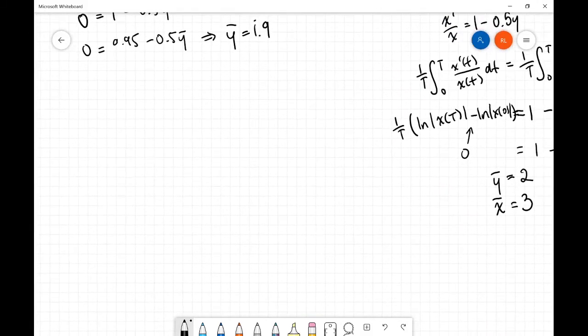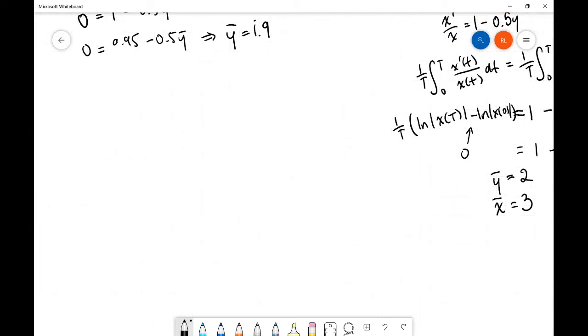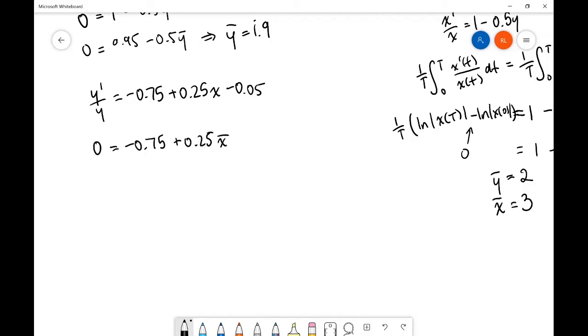And similarly, for the x average, y prime over y is equal to negative 0.75 plus 0.25 x minus 0.05. Well, again, we see that 0 is equal to negative 0.75 plus 0.25 x average minus 0.05.